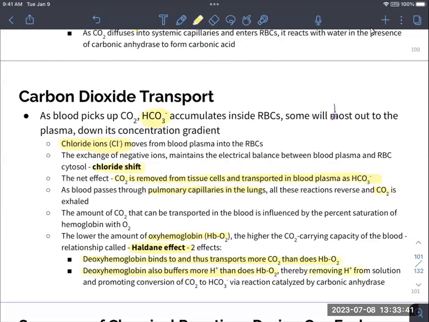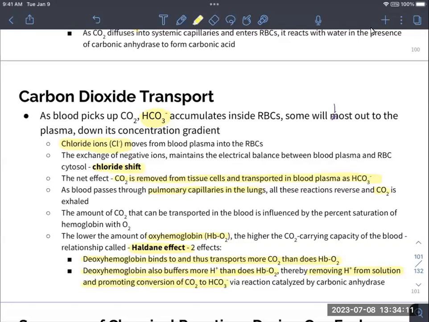So it removes that hydrogen from a solution, which prompts the conversion of carbon dioxide to bicarbonate. These are the two effects of this Haldane effect. So deoxyhemoglobin is going to bind more carbon dioxide than it does oxygen, and deoxyhemoglobin is going to buffer more hydrogen than oxyhemoglobin does.